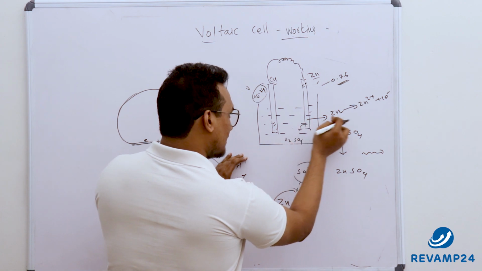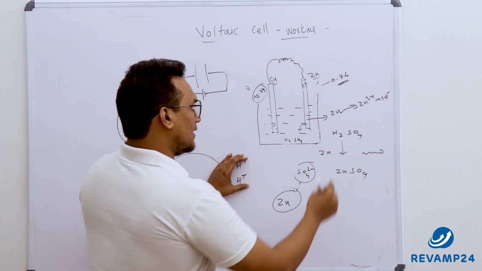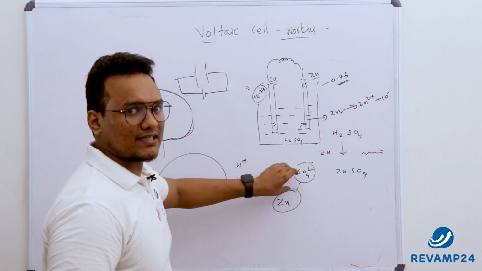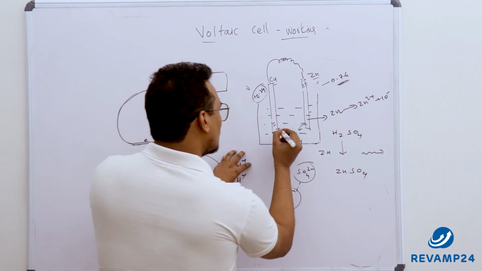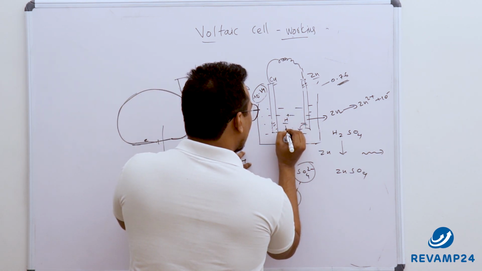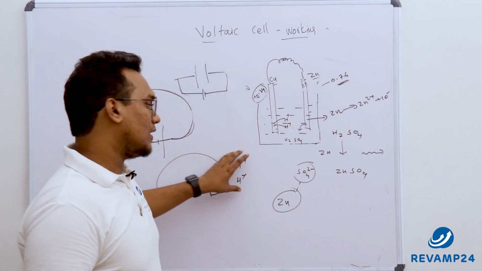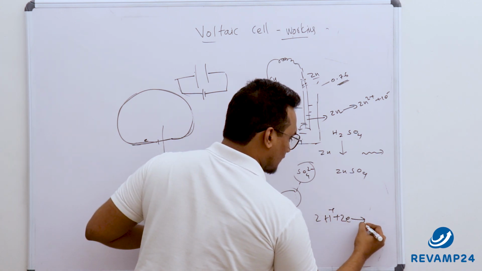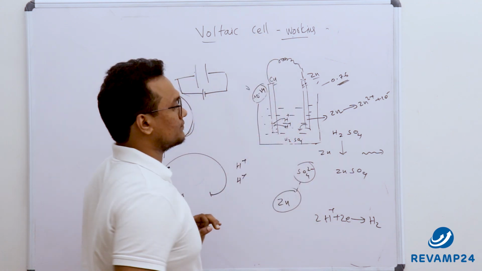Because zinc from this rod has become Zn2 plus and 2 electrons, and this zinc has come to the position of hydrogen. Now what has happened to hydrogen? 2H plus are there in the solution. These H plus and H plus will come here and take the electrons. So 2H plus will go here, take 2 electrons and become hydrogen, and this hydrogen gas will go up.